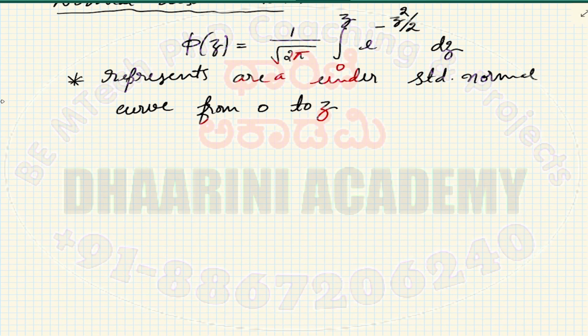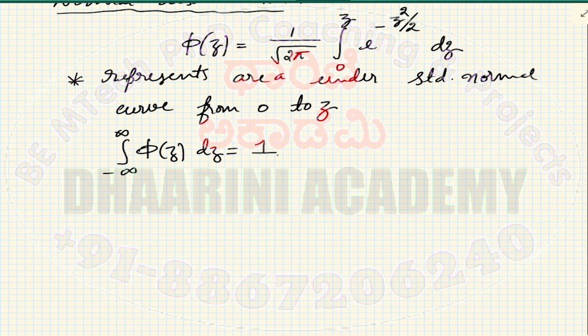Since phi of z is the probability function, the integral from minus infinity to plus infinity of phi of z dz should be equal to 1, because it's a PDF.